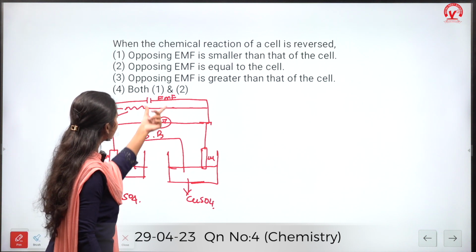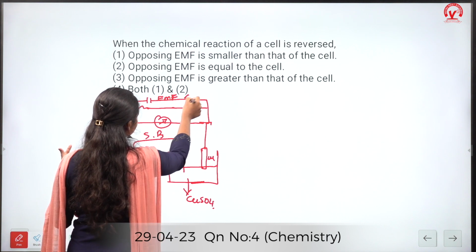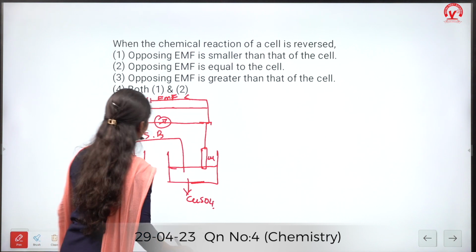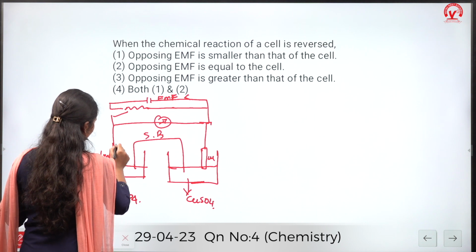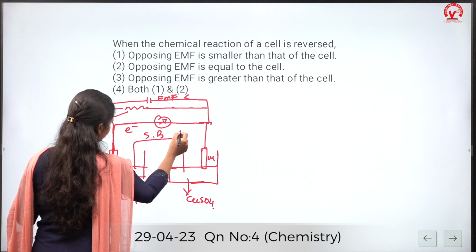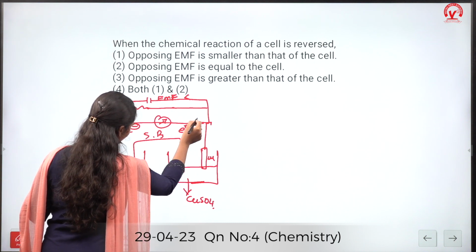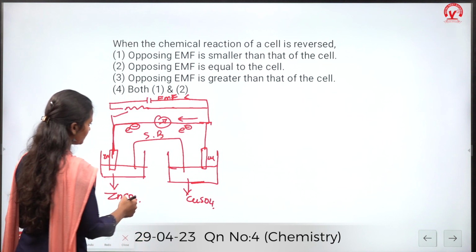Here, in the case where the opposing EMF is less than that of the cell, the electrons flow from zinc to copper. So here the reaction is forward, and the current flows in the opposite direction.